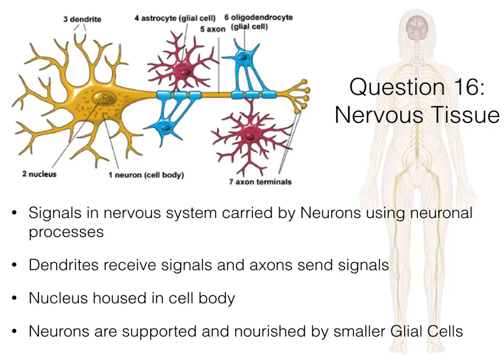All right, the next kind of tissue to talk about, and it's actually the last kind, is nervous tissue. Again, I imagine you're going to learn a lot more about how neurons work in lecture.